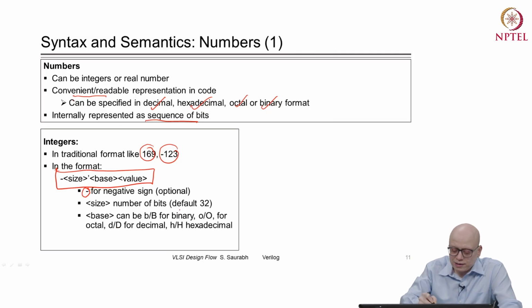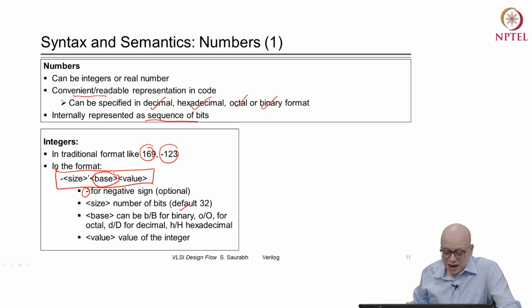It can be binary, for which we use the character small b or capital B, or it can be octal, which can be defined by o or capital O. Decimal we can use d, and hexadecimal h. So we have to define this base using these characters only. And the final thing is the value of the number.